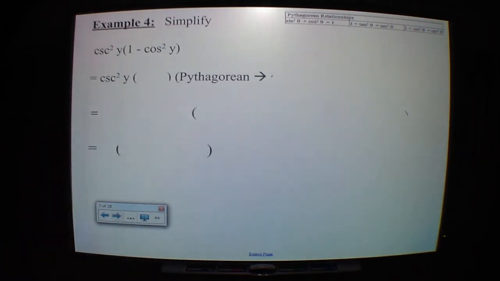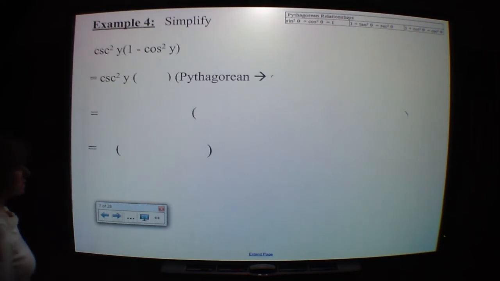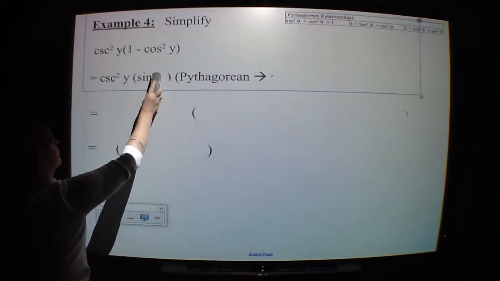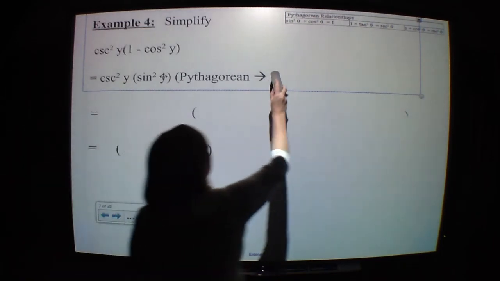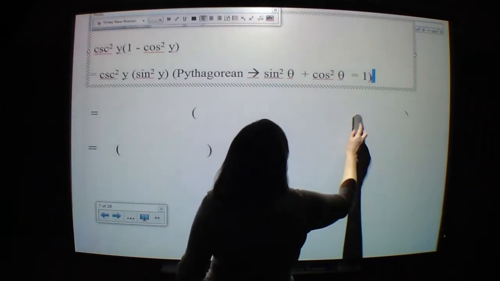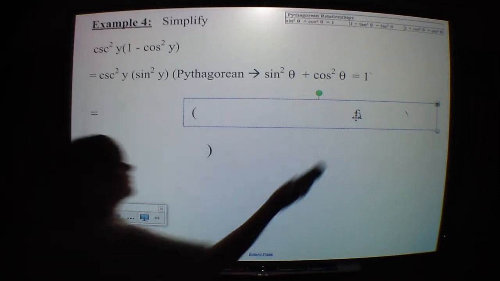Any of those three ways I could write it. 1 minus cosine squared will be sine squared. So all I did is a replacement right there. That's all I used, that Pythagorean relationship.